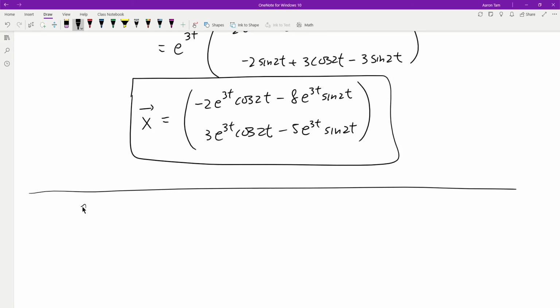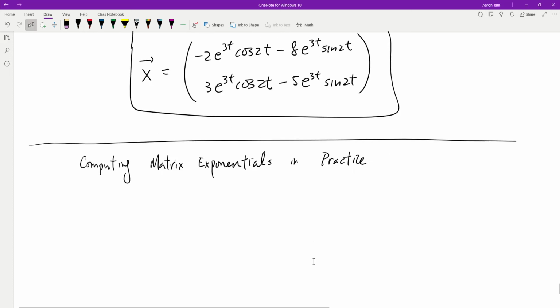So the question is, how do we actually compute the matrix exponential in practice, instead of using eigenvalues and eigenvectors? Is there some way that we can calculate this without getting to either one of those two things? Of course, there is; someone really smart figured it out.